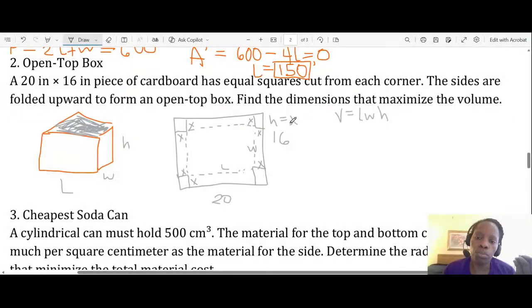All right, so the volume is actually going to be 20 minus 2x. The width is 16 minus 2x.